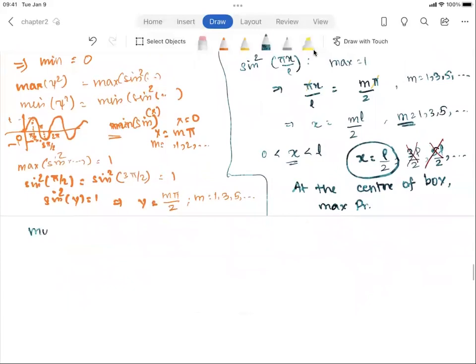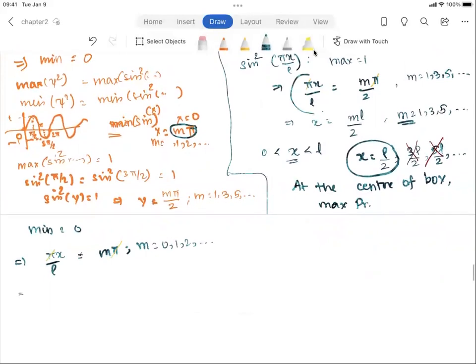Now, the minimum value you can see is 0, right? Now that would mean this term pi x over L is going to be n pi from here, right? And n can be 0, 1, 2, and so on. So I am going to cancel out pi here.